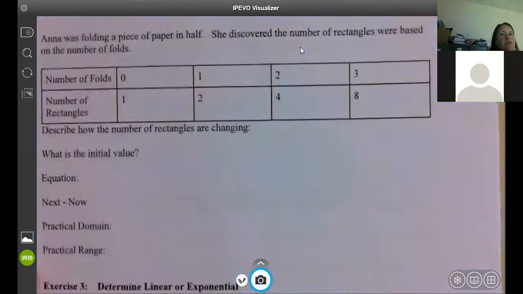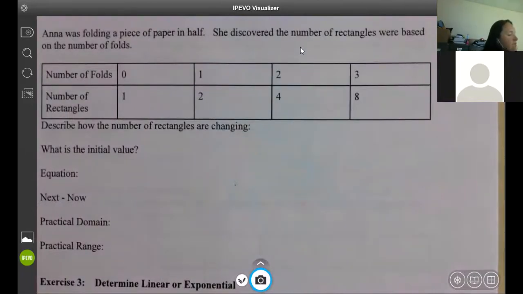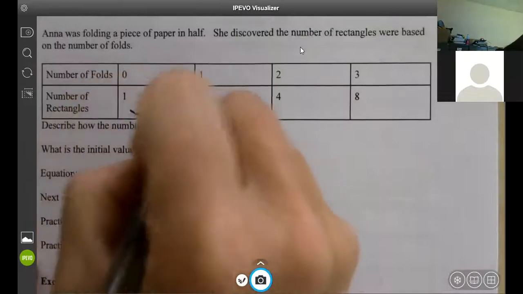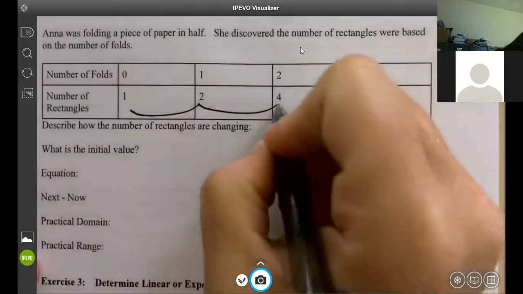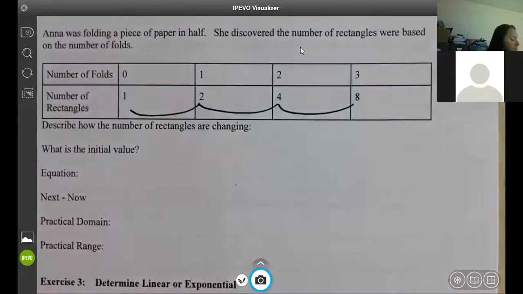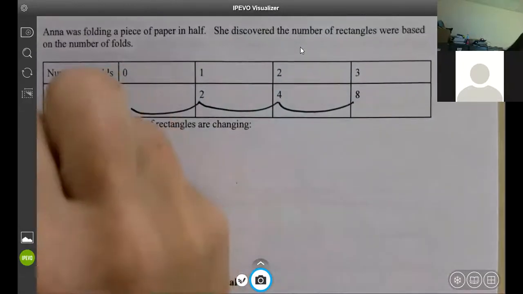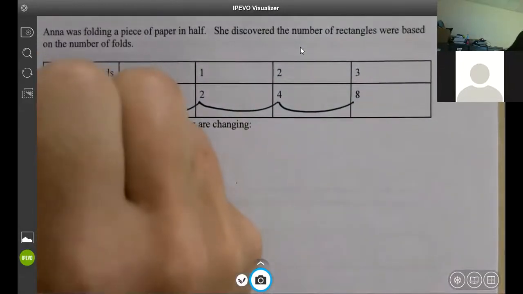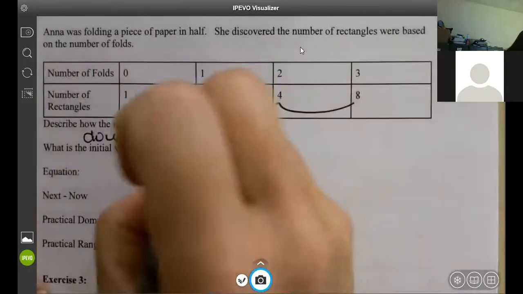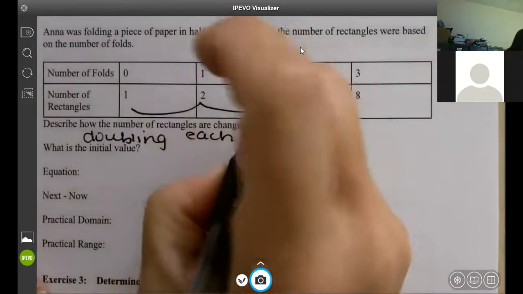All right, so this is a much better example, much easier to look at. It already has your starting point. What's happening each time? Going up by, it's doubling every time you go. So doubling each time.